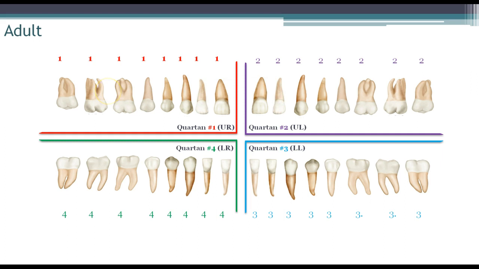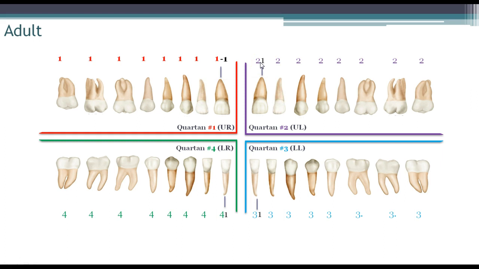Now we're going to go to the next step. In this charting system, each tooth gets assigned a number. Our first ones are going to be 1, starting from the central incisor. Sometimes you see it the way it is over here, 1-1, or you'll normally see it as 2-1.